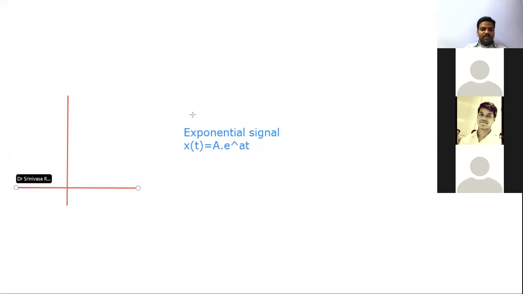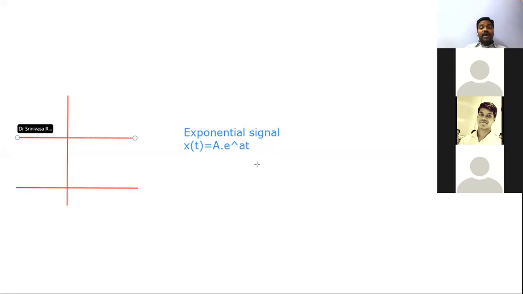Yes, capital A. If small a is equal to 0, 0 into anything is 0, e power 0 is equal to 1, and you will get only capital A. That is nothing but a constant straight line. So this is the magnitude A, a constant line having the magnitude A.